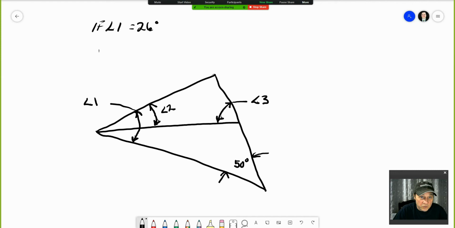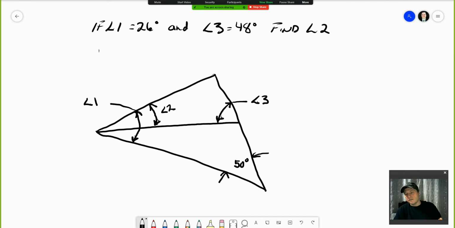If angle 1 is 26 degrees and angle 3 is 48 degrees, then find angle 2. So we'll do this one together, and then I'm going to change it up, and I'm going to have you do the next one, and then I'll get your answers.